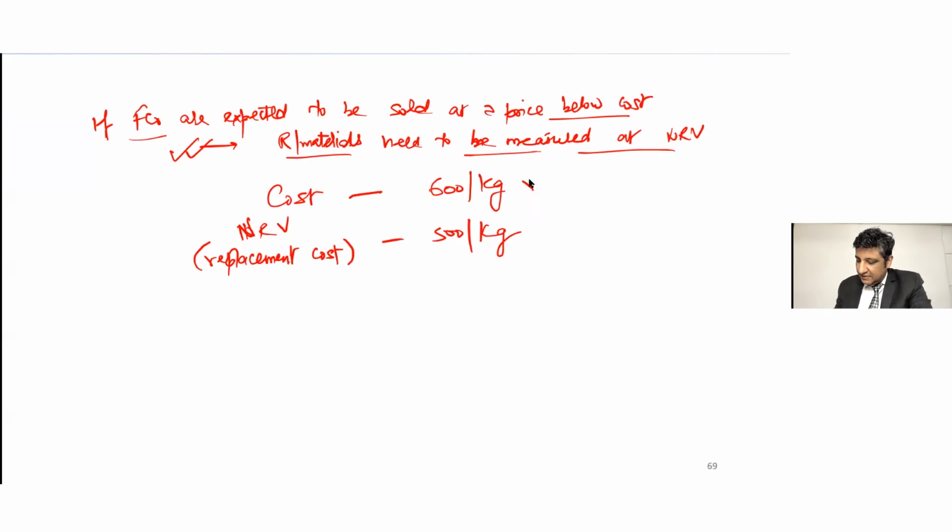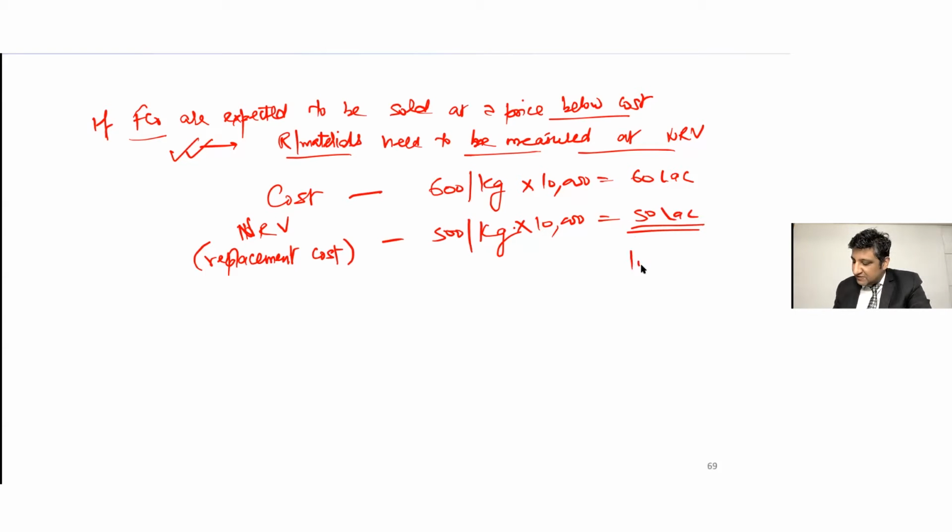So which means that while my cost would have been 60 lakh rupees, I need to report my inventory at 50 lakh rupees. And that is where the valuation of the inventory be done at 50 lakh rupees.